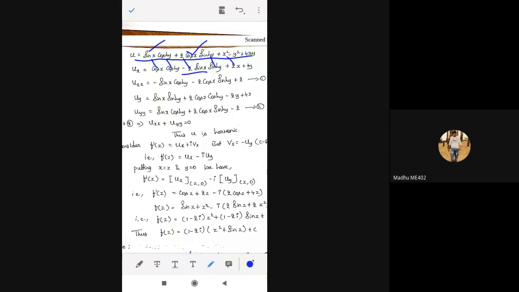The y squared term is constant with respect to x, so it can be neglected. And here we have both x and y terms; differentiating with respect to x, 4 and y are constant but the derivative of x is 1, so 4x into 1 is 4x. Like that we got ux.